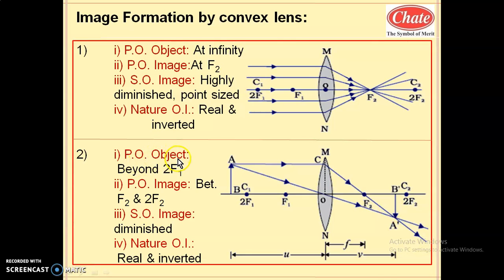So here, when the object is beyond 2F1, the position of image will be between F2 and 2F2. Size of image, I said to you, it is diminished, and nature of image is real and inverted. Diminished means it is slightly smaller in size compared to this. Means size of AB is larger compared to size of A dash B dash.